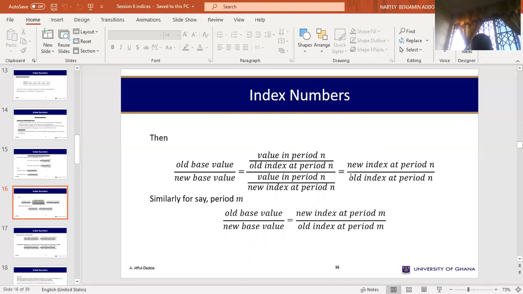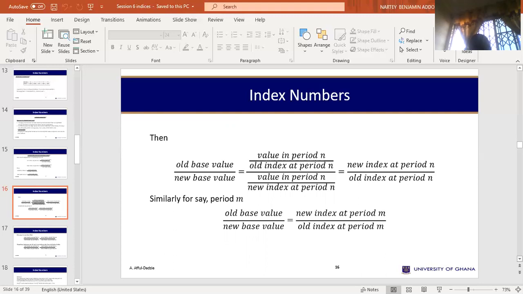So the formula will now be new index at period n over old index at period n. Similarly for period m, it's the same thing. Old base value over new base value will be new index at period m over old index at period m.